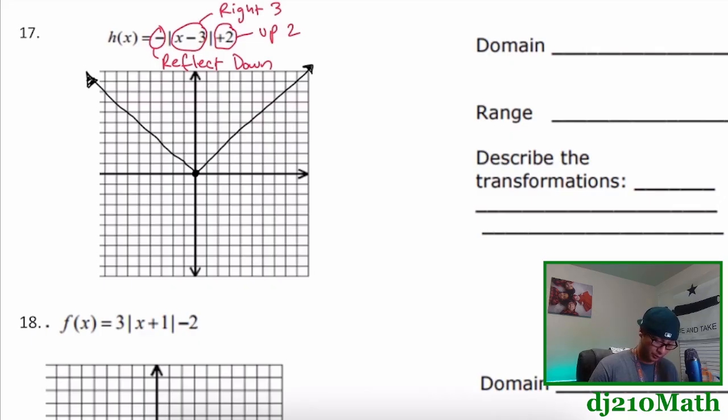So 1, 2, 3, 1, 2. That's the new vertex, right 3 and up 2. And again, instead of going up, it's going down. So the normal down 1 over 1.